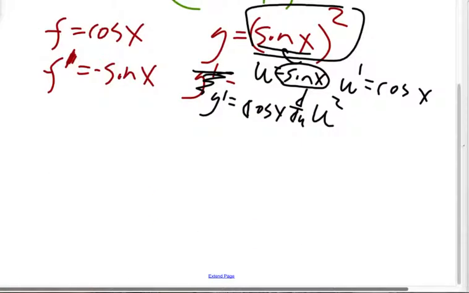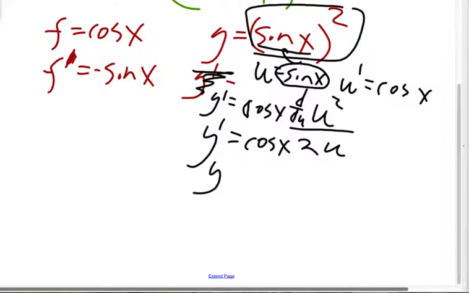All right, well, this doesn't look so bad. That's just a simple little power rule. So G prime is cosine of x times 2u. And now I substitute back in for my u. So G prime is going to be equal to 2 cosine of x sine of x. And so that is my G prime.